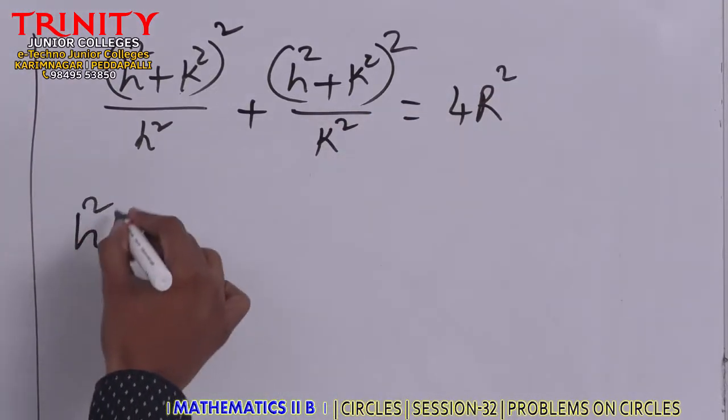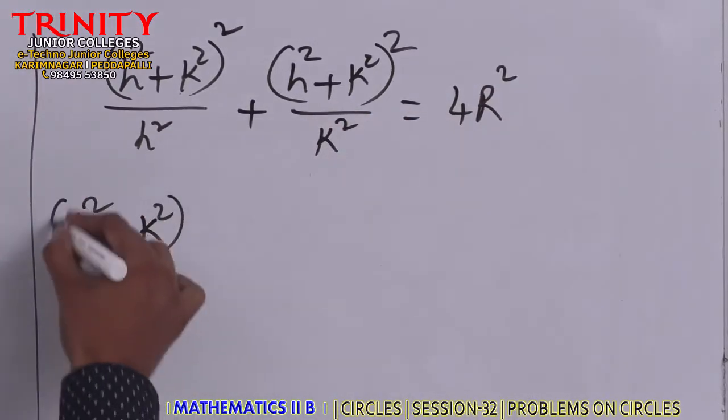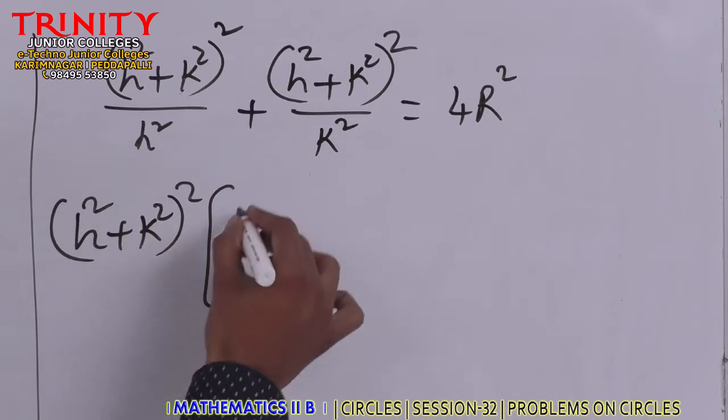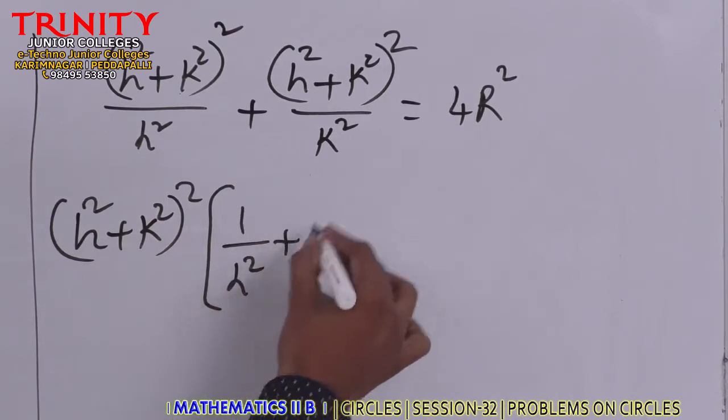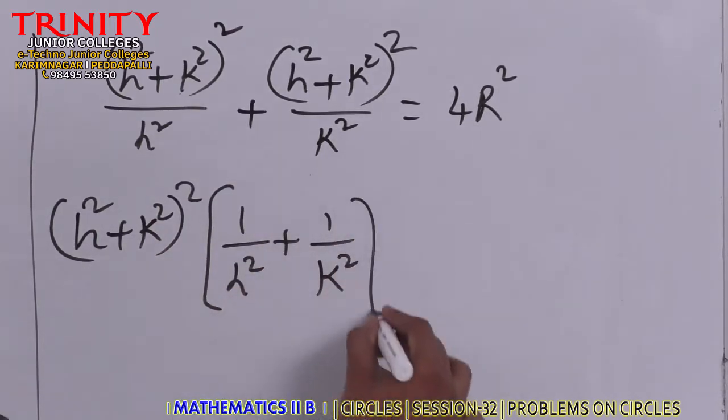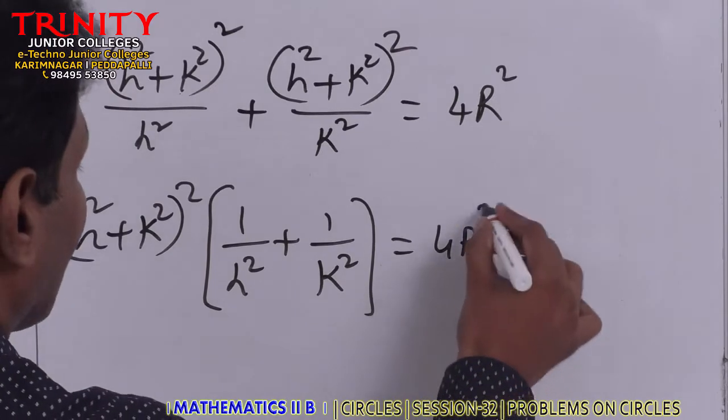Taking (h square plus k square) whole square as common: 1 by h square plus 1 by k square equals 4R square.